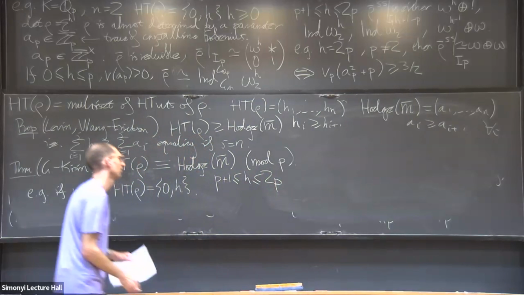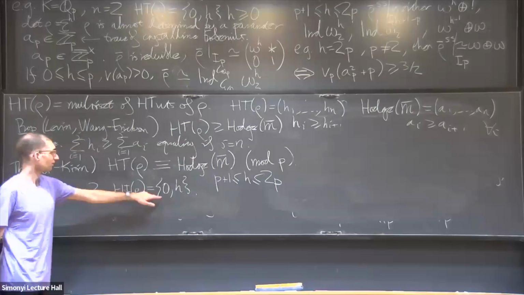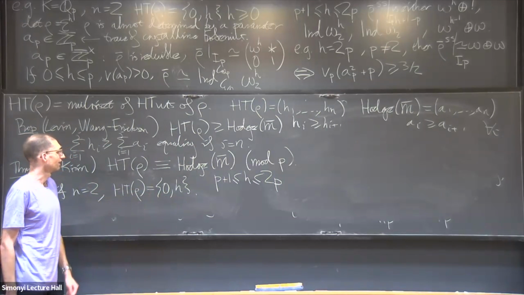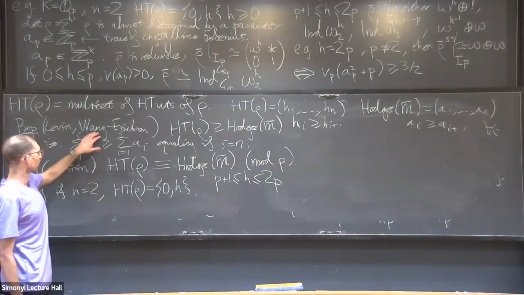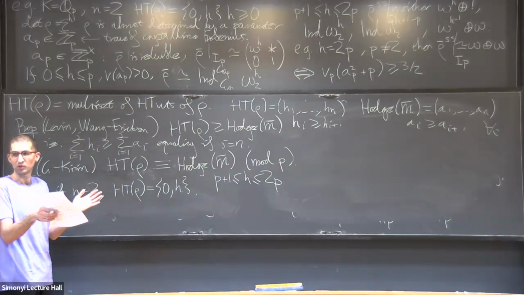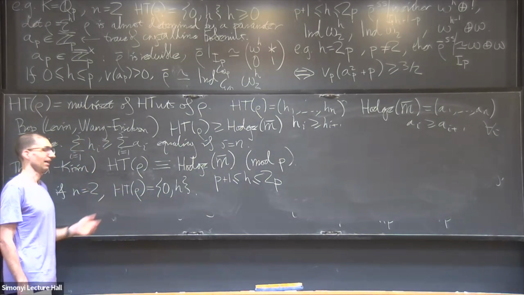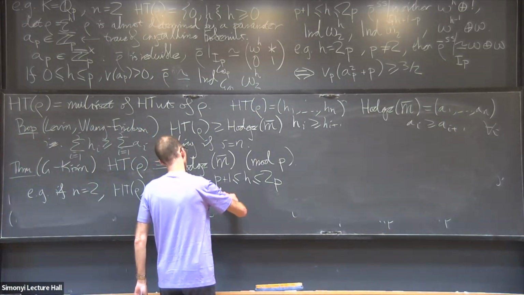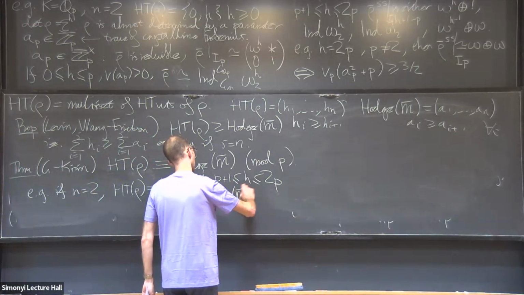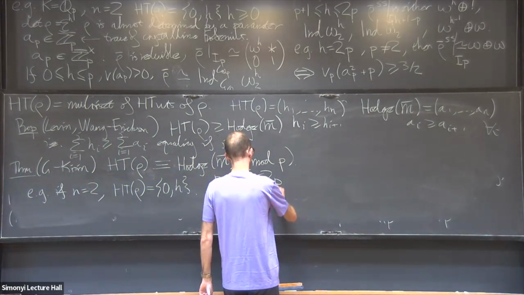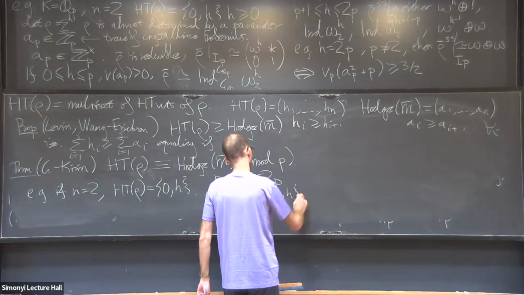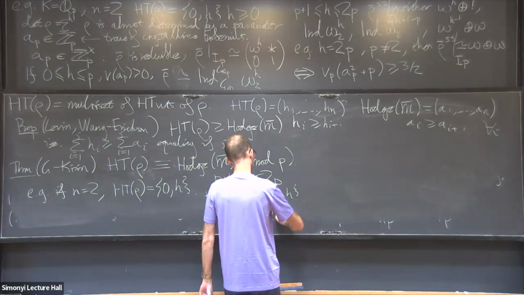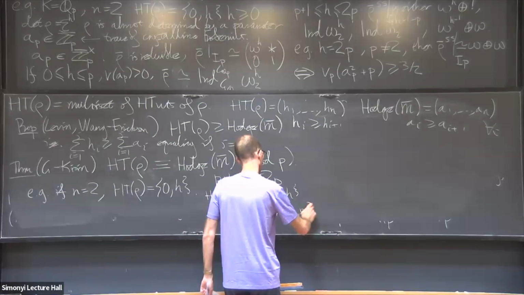So I have to have two integers congruent to 0 and to h mod p. And also from here, I know that they have to be between 0 and h and add up to h. So the only possibilities for the Hodge are, well, 0 and h, or h minus p and p.